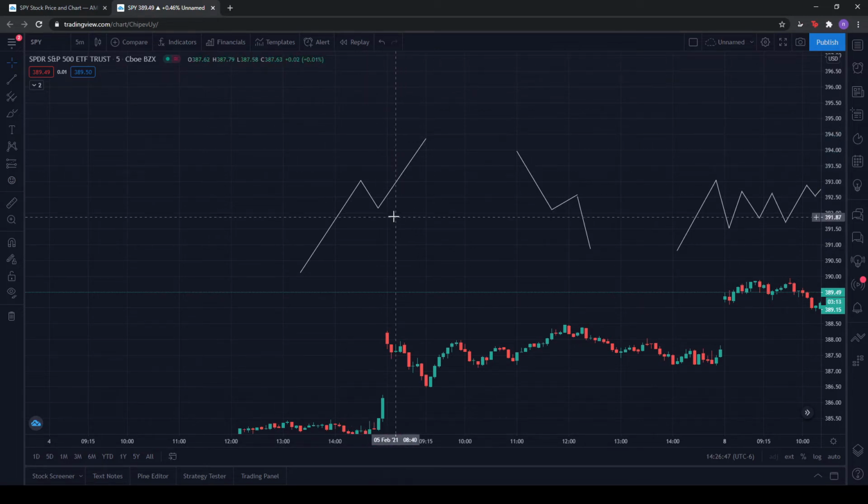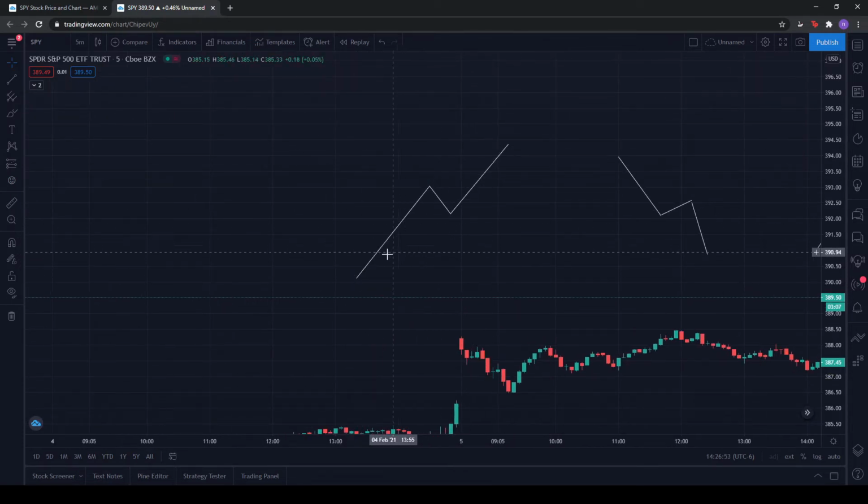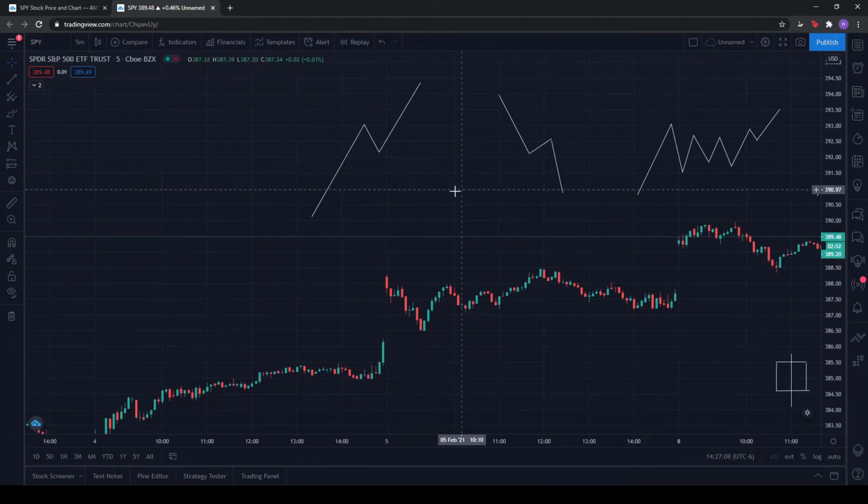You more see them like I have here, which is an overall uptrend, but it's not straight up. So it's going up, and then there's a bit of a retracement, which means it tops out, comes down a little, and then goes up further. And that's just because of the fluctuation in the market.